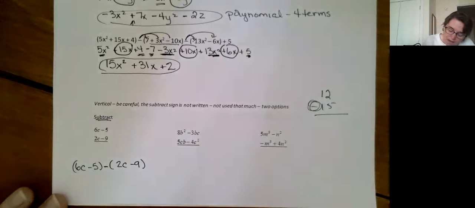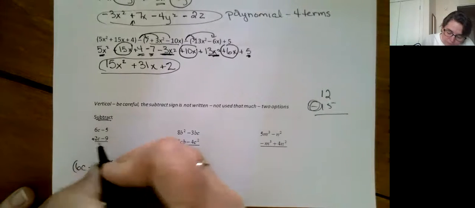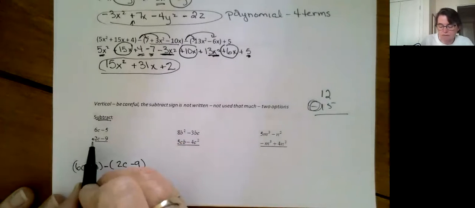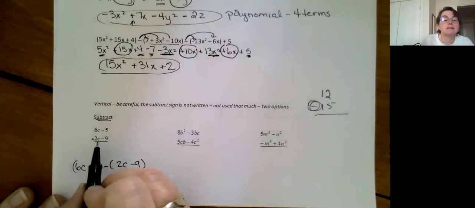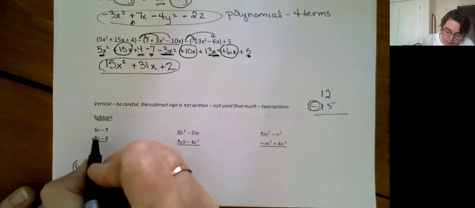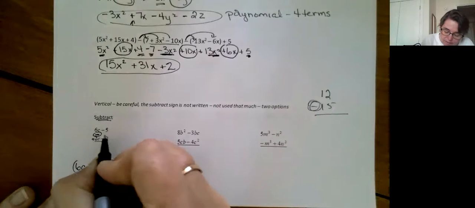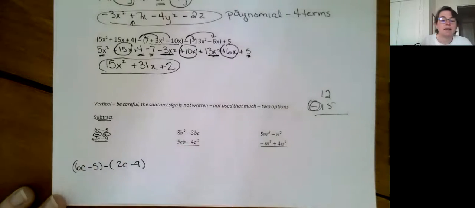Okay. What I tend to do, okay, now that is just reminding me that that is a plus 2c. I will put in my signs, and I obviously should have made that question bigger so you could see it. This is me being lazy.